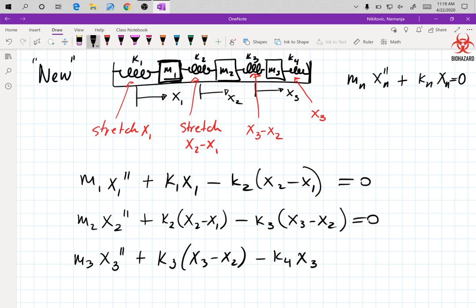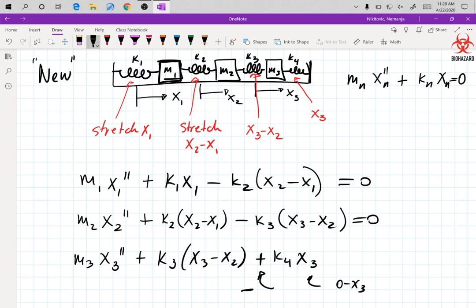The difference is 0 minus x3. It's 0 minus x3, so this is a plus, because it's supposed to be 0 minus x3 if you want a minus there for the distance.